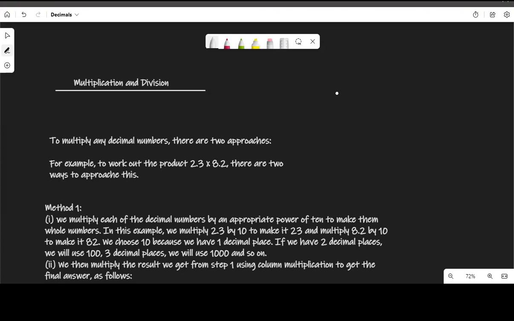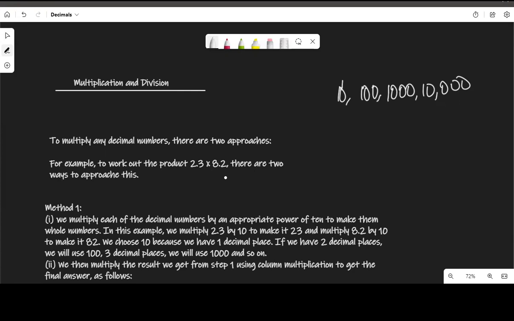When we say powers of 10, we mean any number like 10 itself, because 10 is 10 to the power of 1, then 10 to the power of 2 is 100, 10 to the power of 3 is 1000, 10 to the power of 4 is 10,000, and so on and so forth. So all of these numbers, 10, 100, 1000, with as many zeros as possible, are called powers of 10.